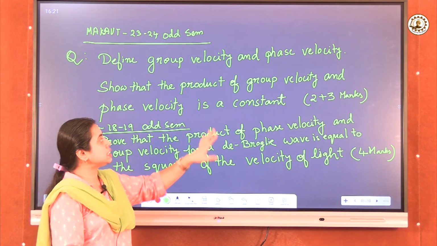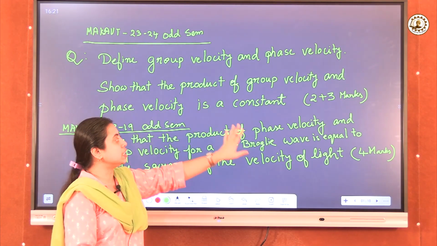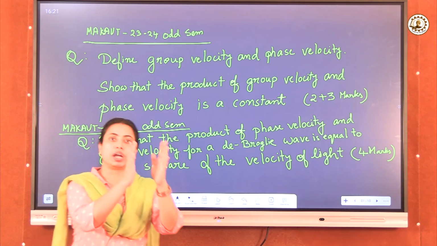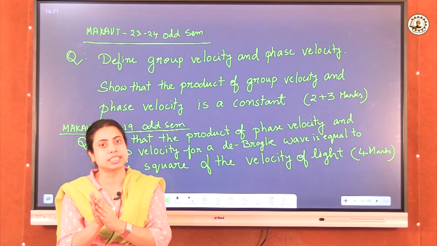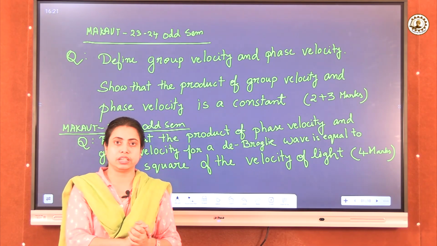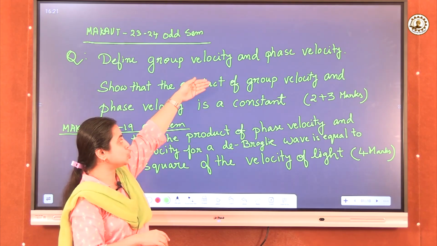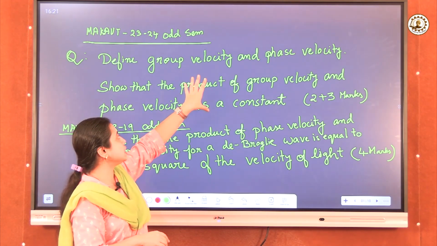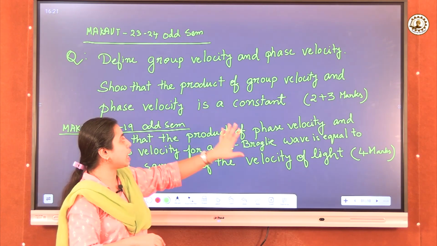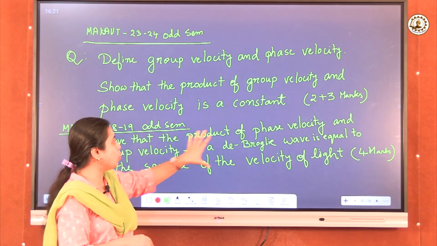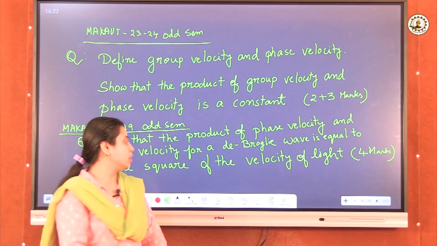So in both cases, they asked what is the product of group velocity and phase velocity. Let us see the answer of the first question, and then we will take the second part of the first question and this whole question together.